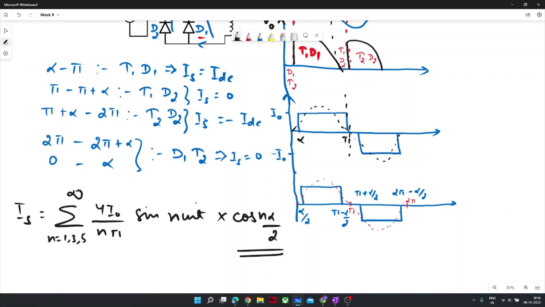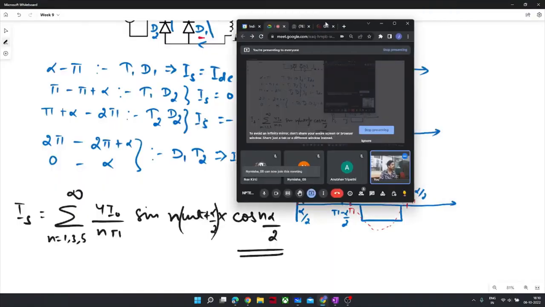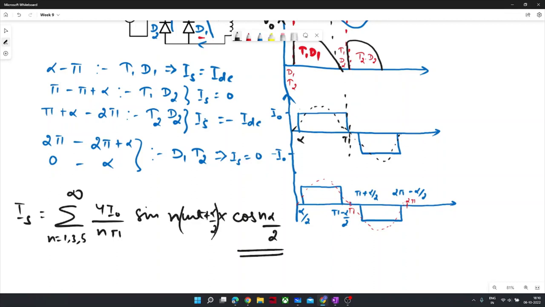For that reason, it will reflect in this expression plus alpha by 2, because this waveform got shifted by alpha by 2 towards left. So that's why I am doing plus alpha by 2. So any confusion till this point? If not, then I will move on.